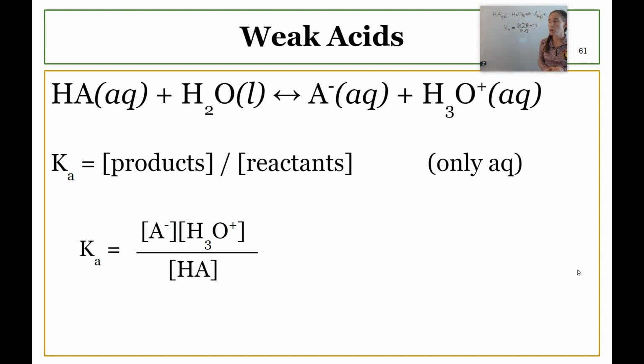Okay, so there you have it. Products divided by reactants. If you have more than 1 product that is an aqueous compound, then you multiply them together. If you had more than 1 reactant that were all aqueous, then you can multiply them together. In this case, we only have 1. So we have these 2 multiplied, divided by your reactant. There you have it.